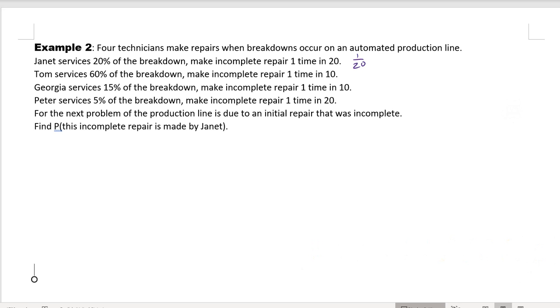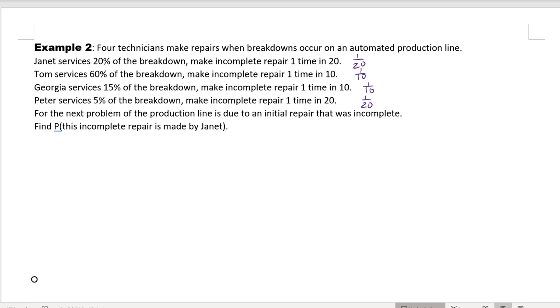Tom services 60% of the breakdowns, and makes an incomplete repair 1 time in 10. Georgia services 15% of the breakdowns, and makes an incomplete repair 1 in 10. Peter services 5% of the breakdowns, and makes an incomplete repair 1 time in 20.